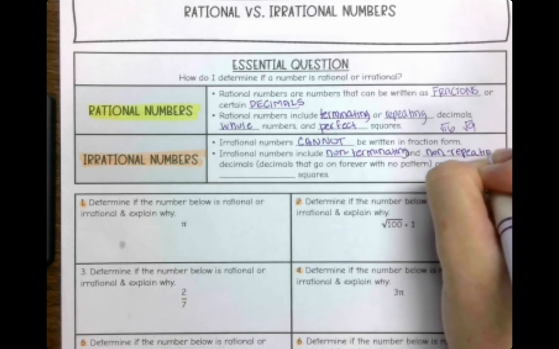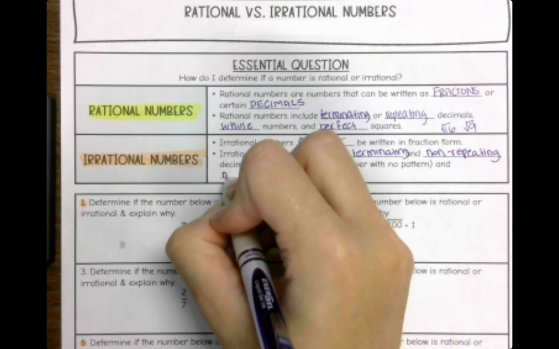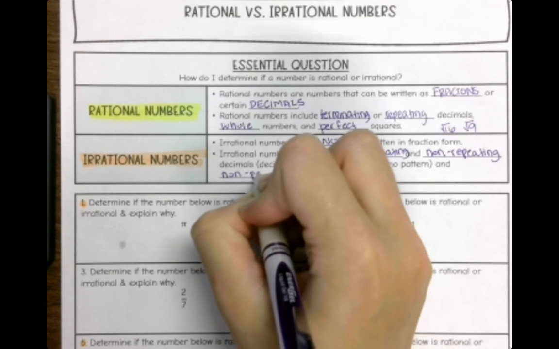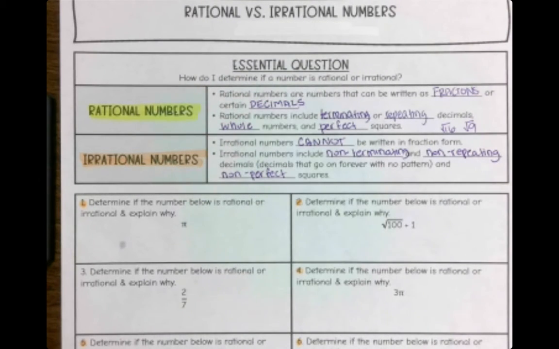So while it goes on and on forever, it doesn't repeat anywhere. Okay? And then these are going to be all your non-perfect squares. So if your perfect squares are 1, 4, 9, 16, 25, it's literally any number that isn't one of those. So 3, 5, 7, 12, those are non-perfect squares.